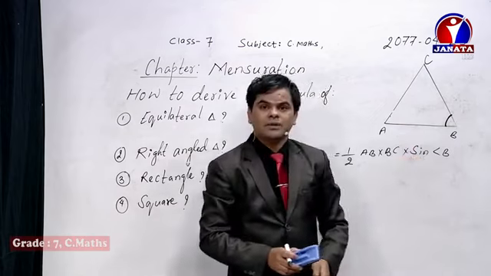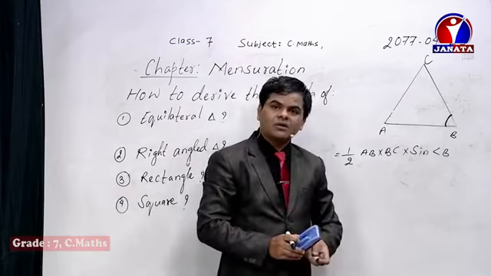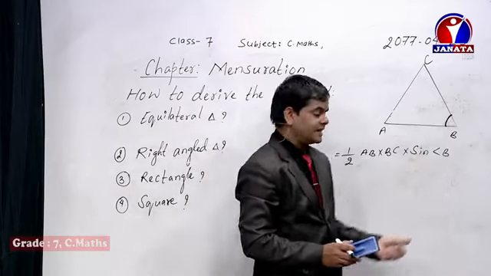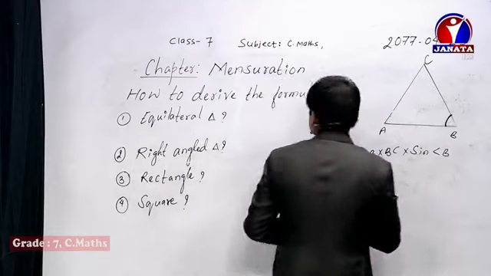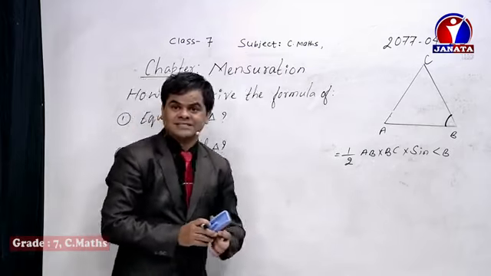Not in terms of other trigonometric terms like cos, tan, cot, cosec, sec. We don't use those, we only use sine. So this is the formula. By using this formula, how do we derive the formula of the equilateral triangle? At first, let's discuss.